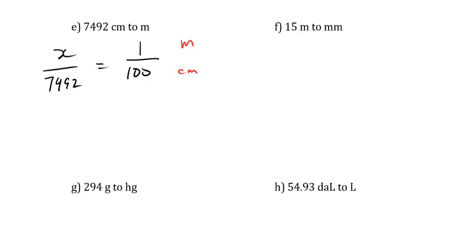Okay, and then how do we end up doing this one? We're going to multiply by 7,492 on both sides. 7,492 divided by 100. 74.92. Nice. So notice how the decimal place just moved.